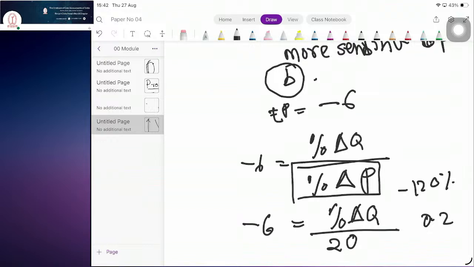So it will multiply by -6 into 20. It will become -120%, not 20%. That is where I felt there is a mistake in this problem. ह्याला स्टार करा तर हा प्रॉब्लेम मध्ये चूक आहे असं मला वाटतं.